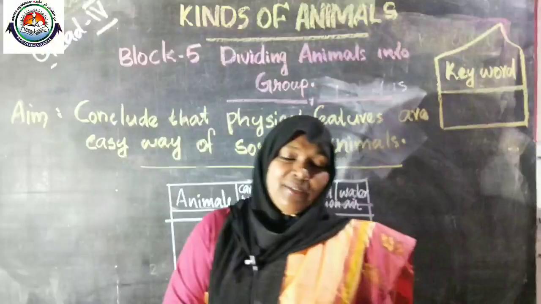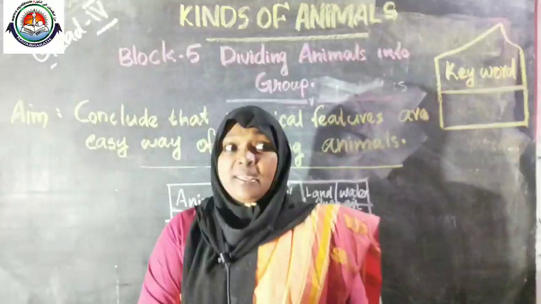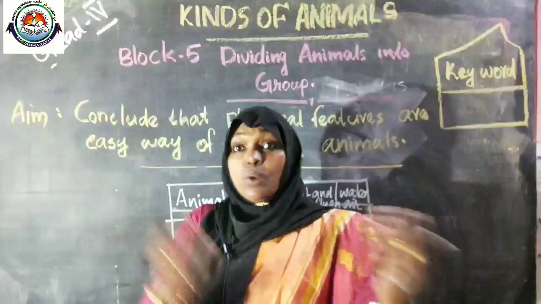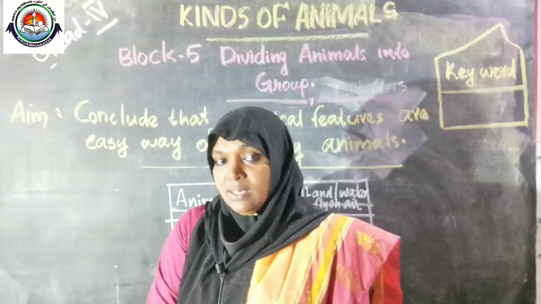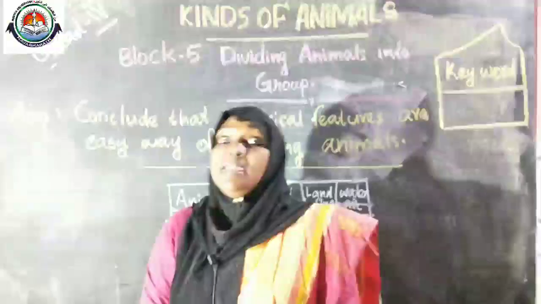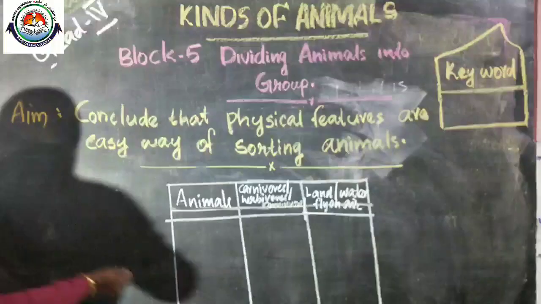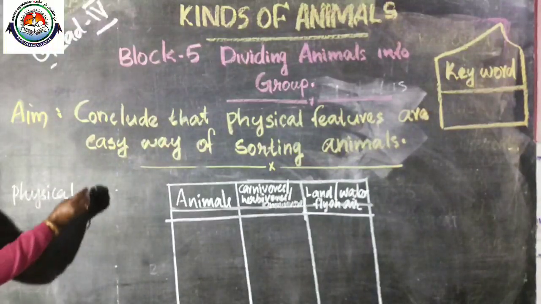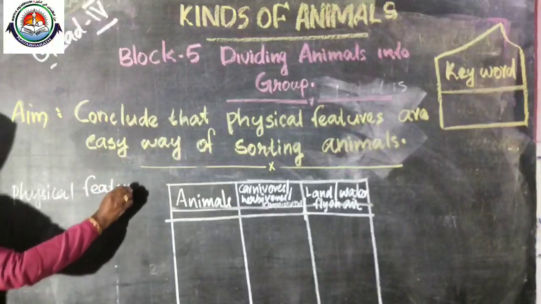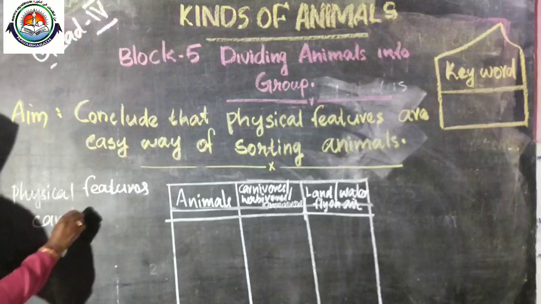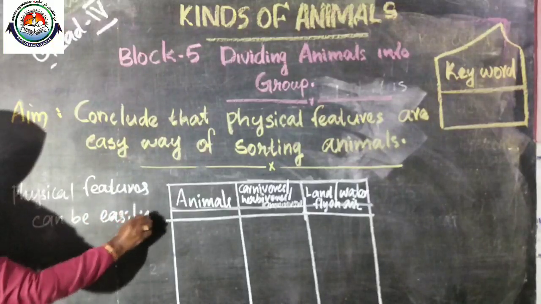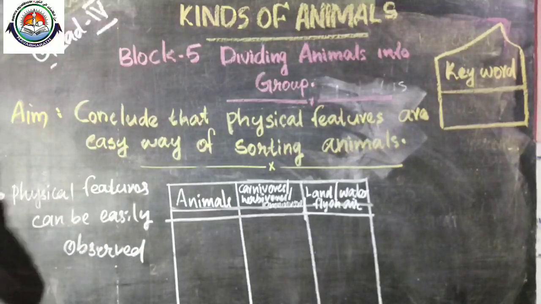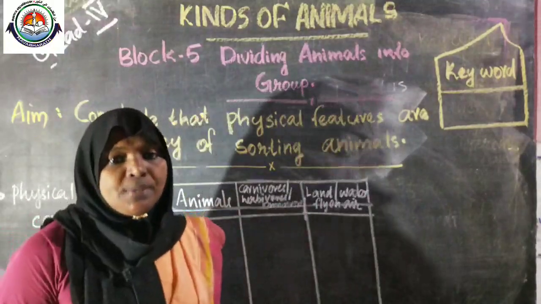Do you know? Okay, don't worry. Physical features can be easily observed. When we see an animal, or from pictures also, we can see the physical features.